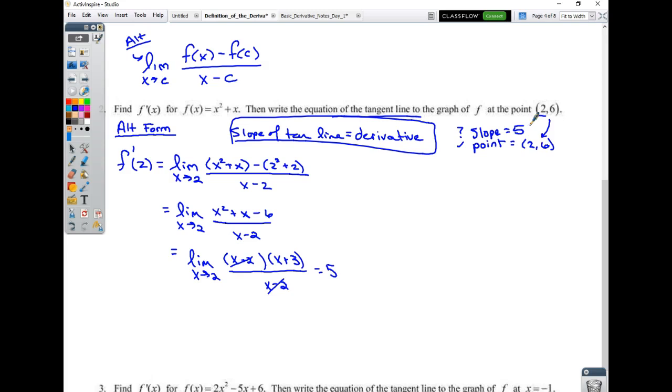All right. I have a slope, I have a point. How do I write the equation of a line? Close. Your y and your y1 were backwards, but that's what I want to do. I want to use point slope form. I want to do y minus y1, which is 6, equals the m, 5, times x minus x1, which is 2.